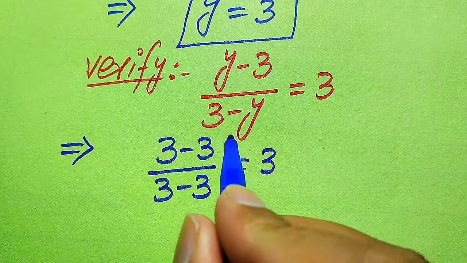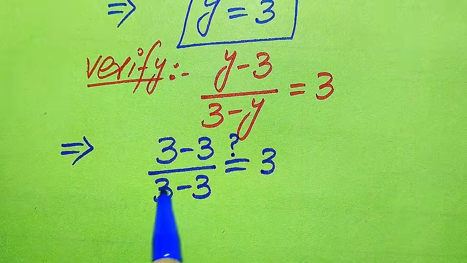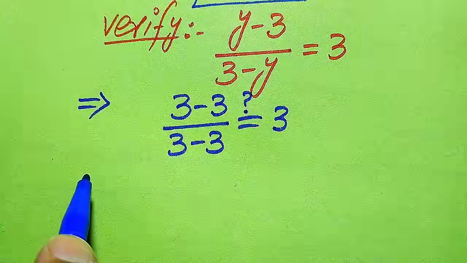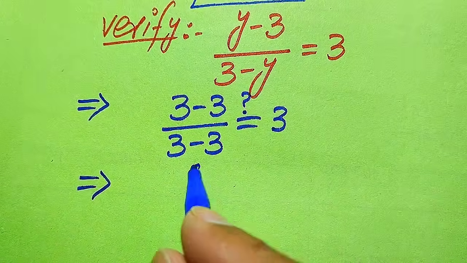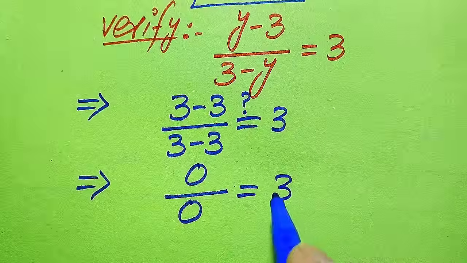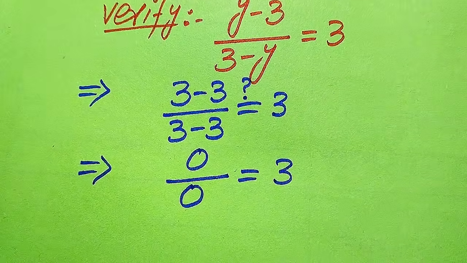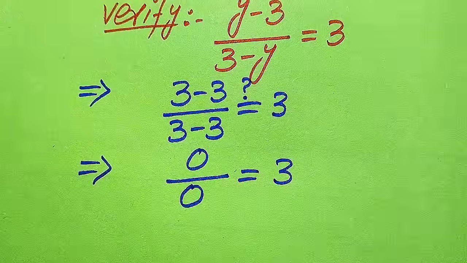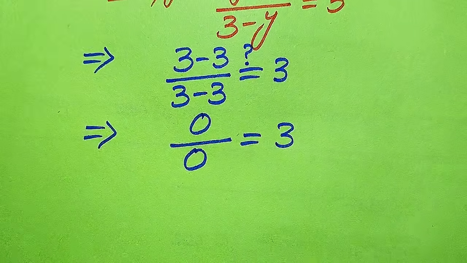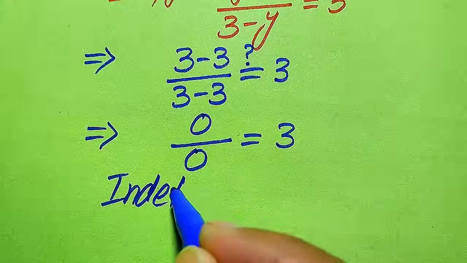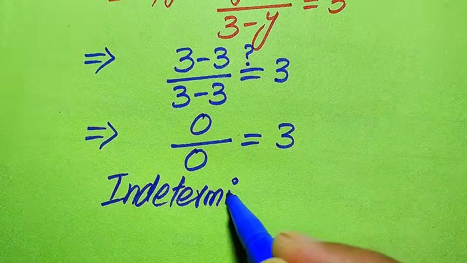Here our claim is that we just check whether our left hand side is equal to 3 or not. Now you see here 3 minus 3 becomes 0 and this 3 minus 3 also becomes 0. You clearly see that in the left hand side we have the 0 by 0 form, and we usually call 0 by 0 form the indeterminate form.